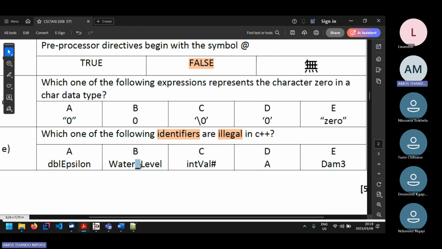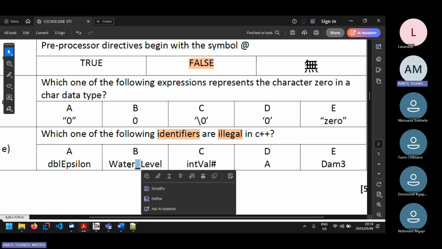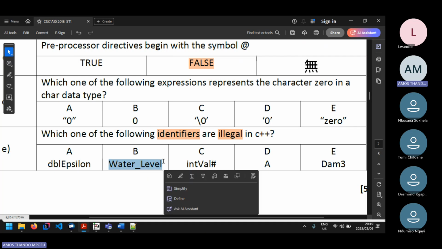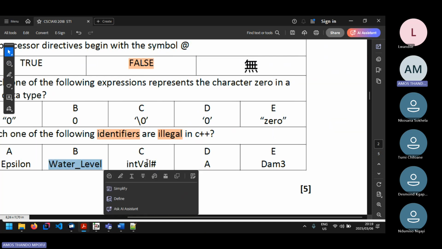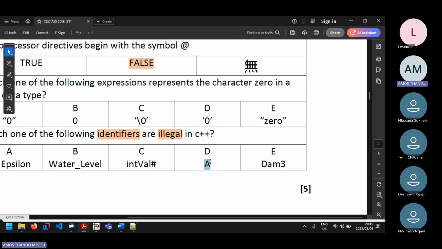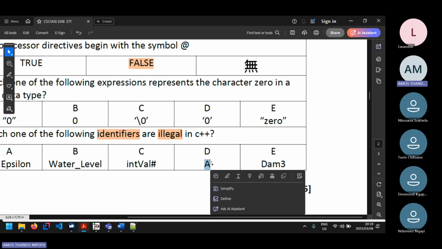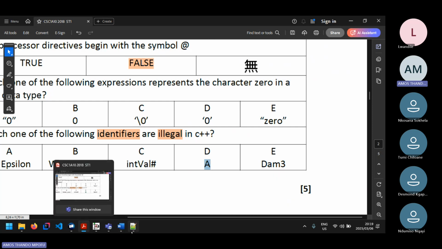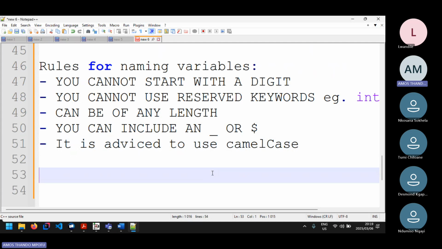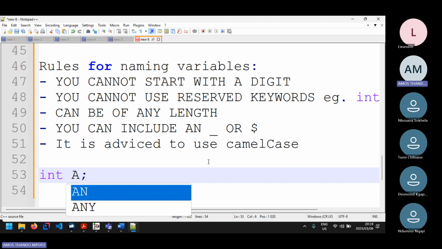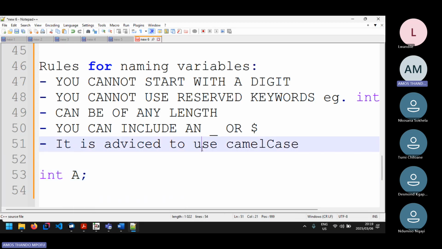Underscore, remember we talked about the underscore, it is allowed. We'll skip this one for now. This is just A, it's allowed. If you remember your practicals, you can create a variable like this, int A. It's allowed because it follows all the rules: you didn't start with a digit, it didn't use a reserved word, and it can be of any length.